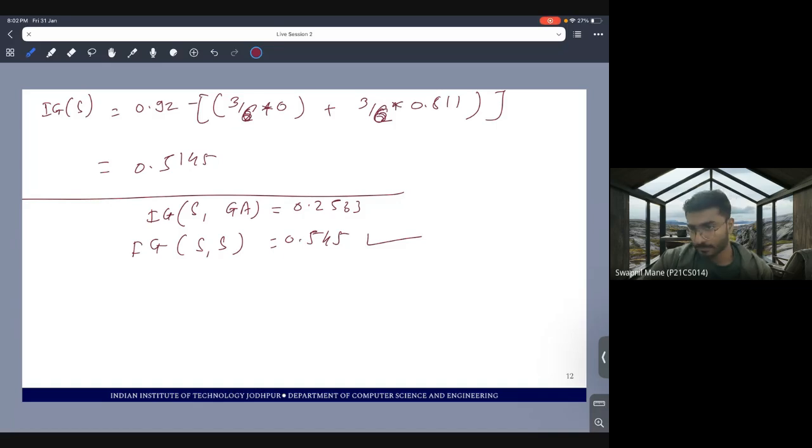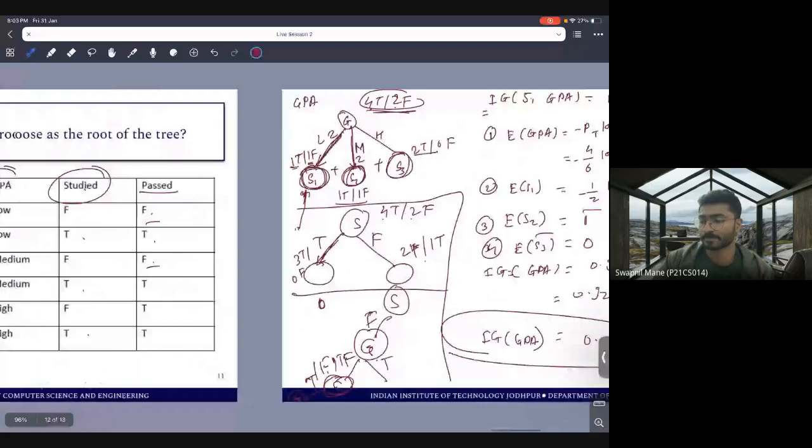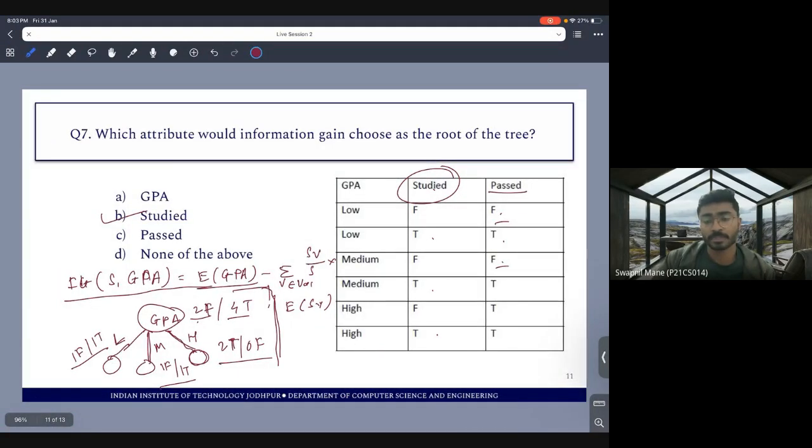I also wanted to take a programming task: how we can write a program for this decision tree, how we can visualize the tree in programming, and how we can take a larger data set. From this large data set we have taken only 6 records. If there are 1000 records, doing it manually is a very tedious task.